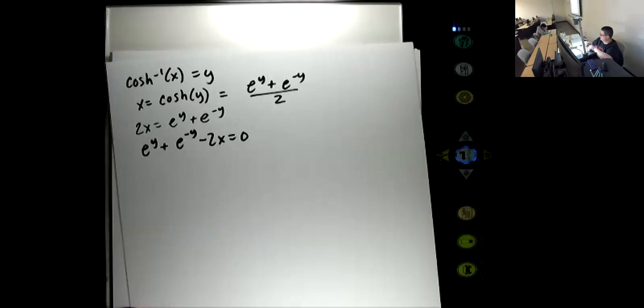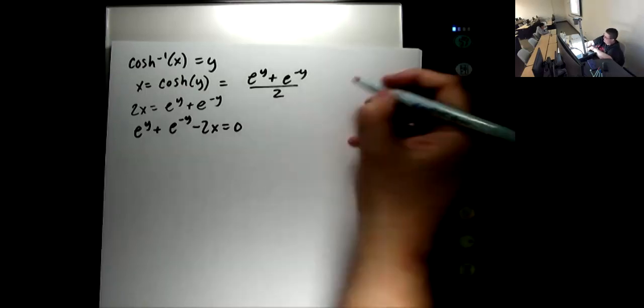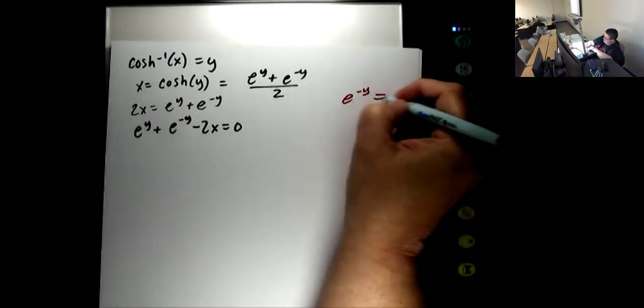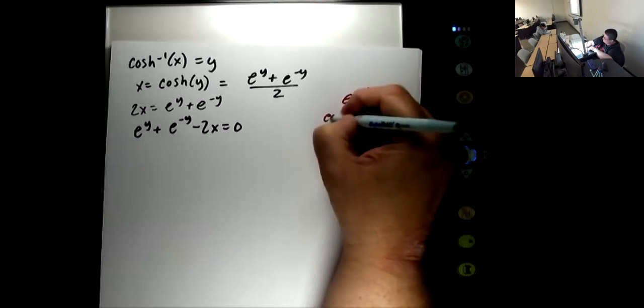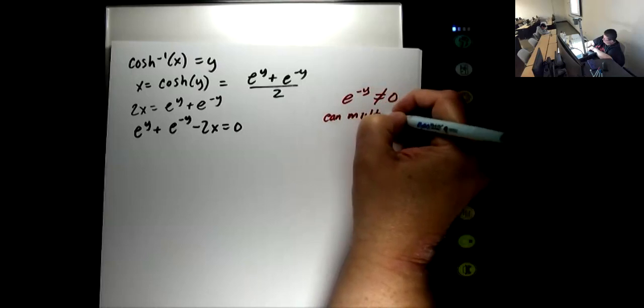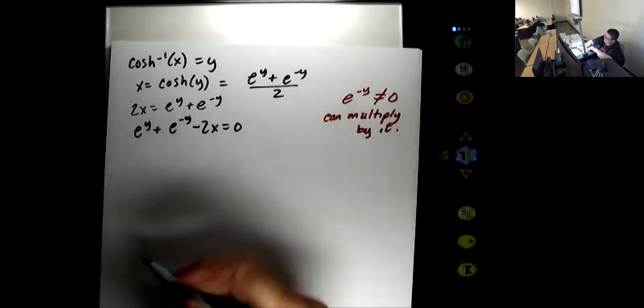I subtracted 2x from both sides, and then I just switched which sides they were on. e to the negative y is never 0 anywhere, so I can multiply by it.